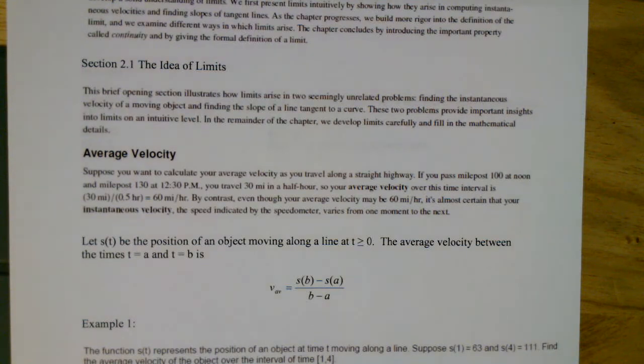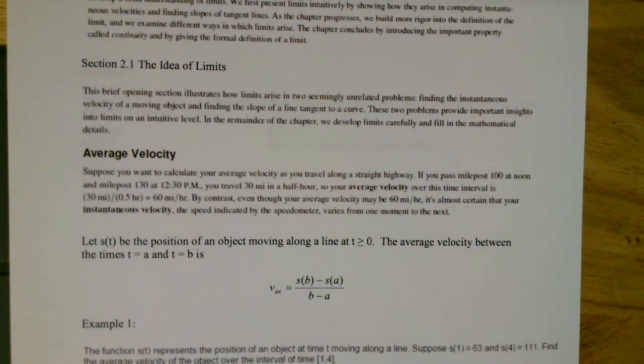Even though your average velocity may be 60 miles per hour, it is almost certain that your instantaneous velocity, the speed indicated by the speedometer, varies from one moment to the next.